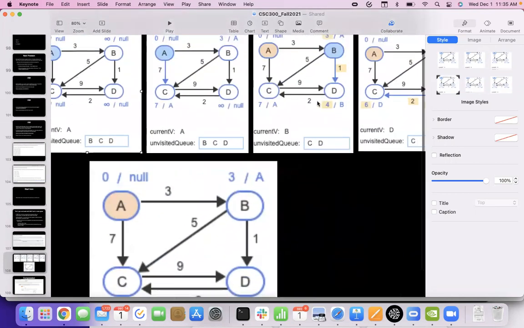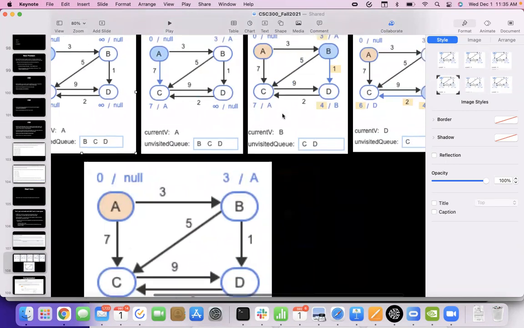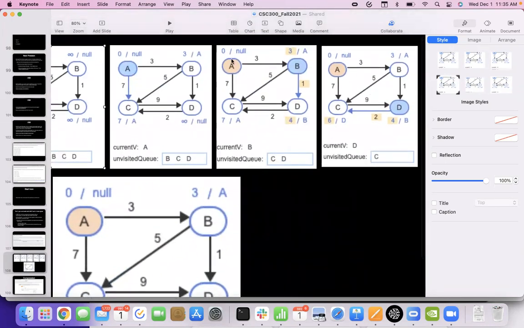Now, I was only talking about updating the numbers, but also notice that we updated the value of how to get there. So before, C had a value of 7, and that was by way of A. When we updated it to a 6, 3 plus 1 plus 2, which is a 6, that was by way of D. So we actually updated 2 separate fields here.